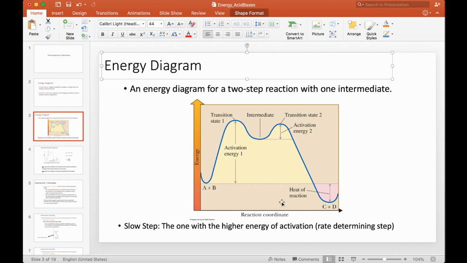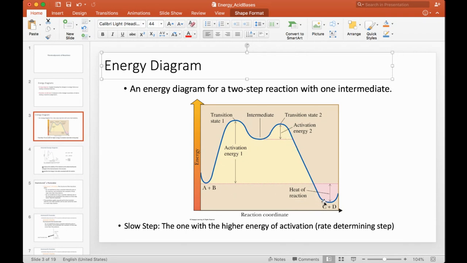Any transformation can happen in either one step, a single step reaction, or there might be a reaction mechanism that includes several steps. It could be 2, 3, 4. We don't know. It depends on the case. In this specific example, I'm showing you a reaction that actually has 2 steps.